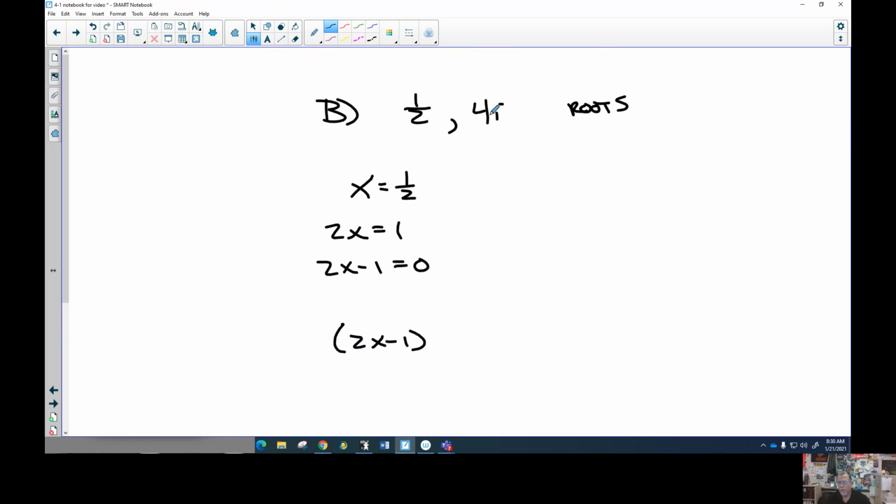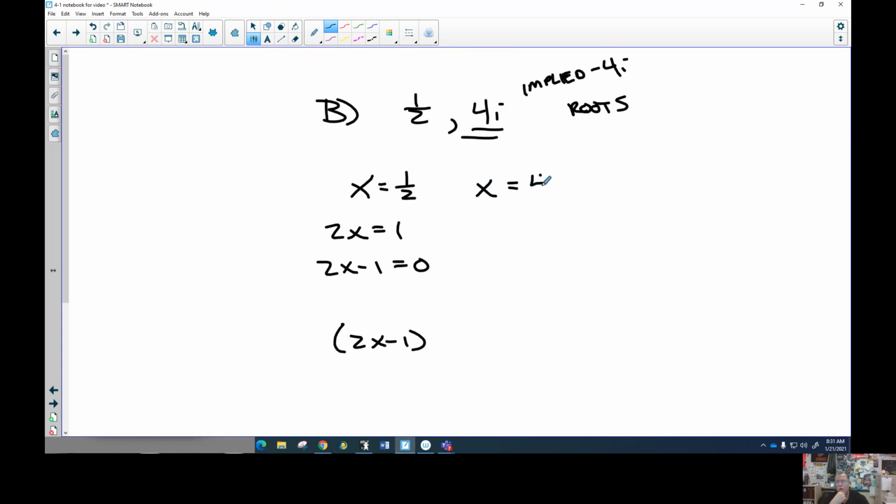All right, this one, 4i. If they only give you 4i, guys, you have to know that negative 4i is also in there because they always come in pairs. So I call it an implied root. It's implied that negative 4i is also a root. If they give you one of them, the other one has to be there. It's kind of a tricky way of giving you that, but that's what happens sometimes in these problems.